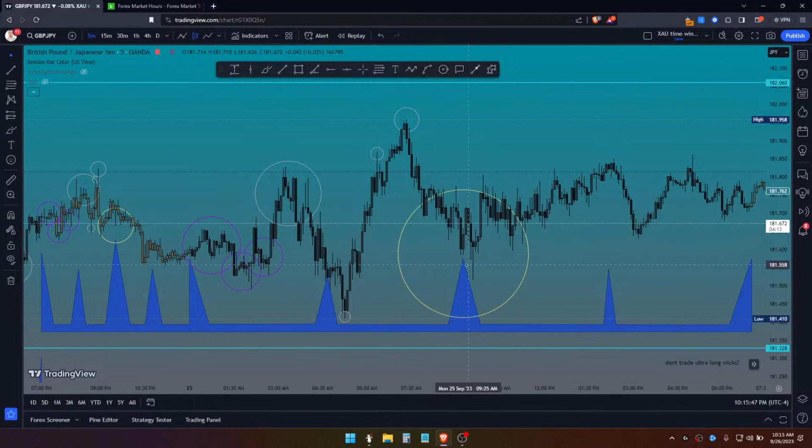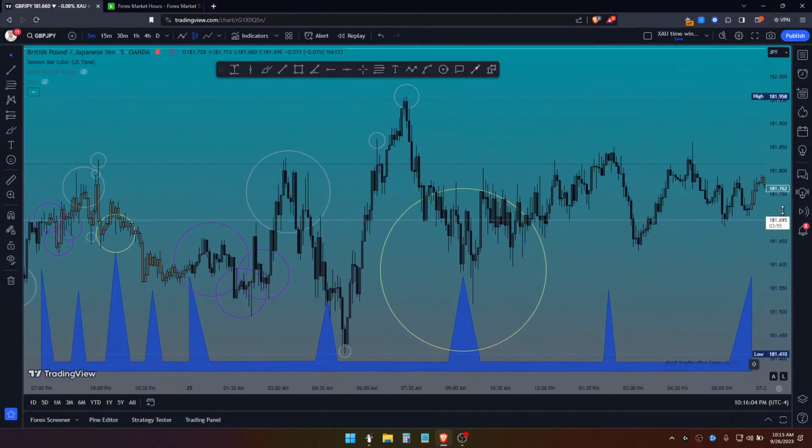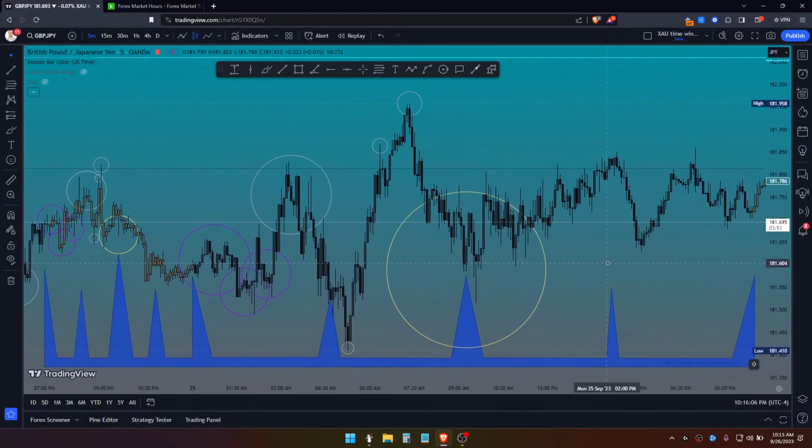Just to know where we can expect certain moves, like here's the middle, with the yellow circle and the big yellow circle here. I use those as a landmark for what I could expect there. So that's what the blue bar is for.